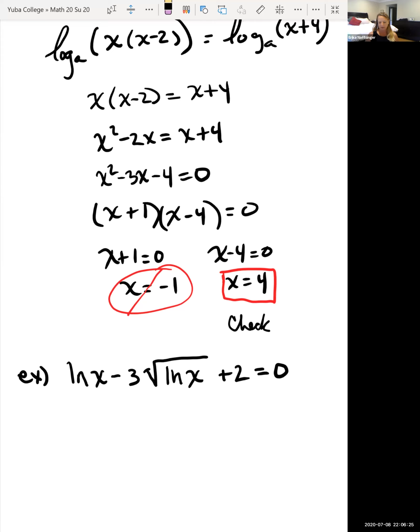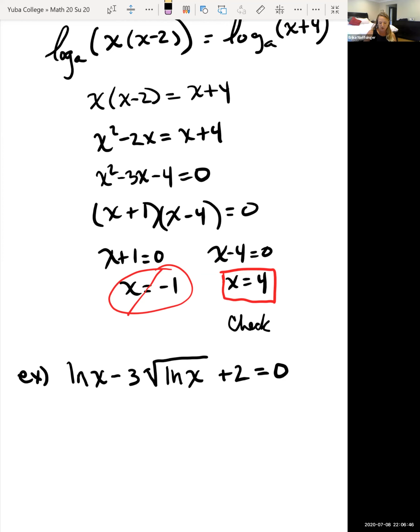So very interesting. We can't combine these two. I have this minus here. I can bring this exponent up, but the problem is the square root. The square root, that natural log is all underneath that.